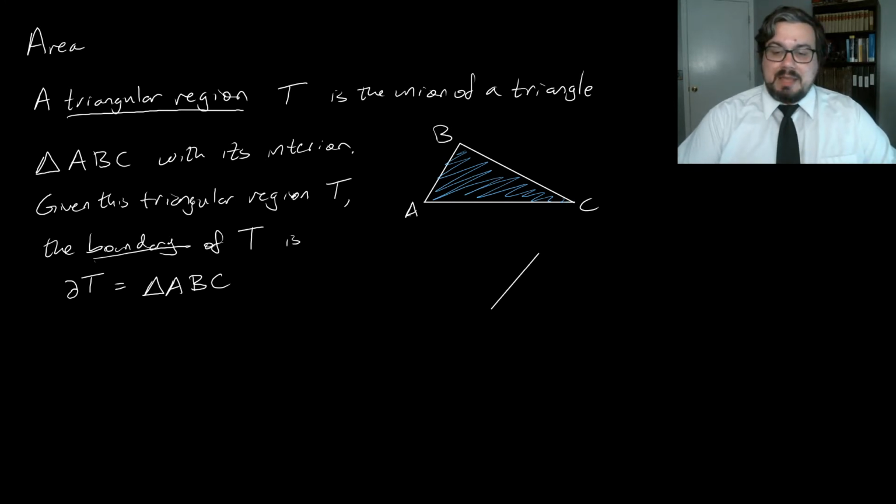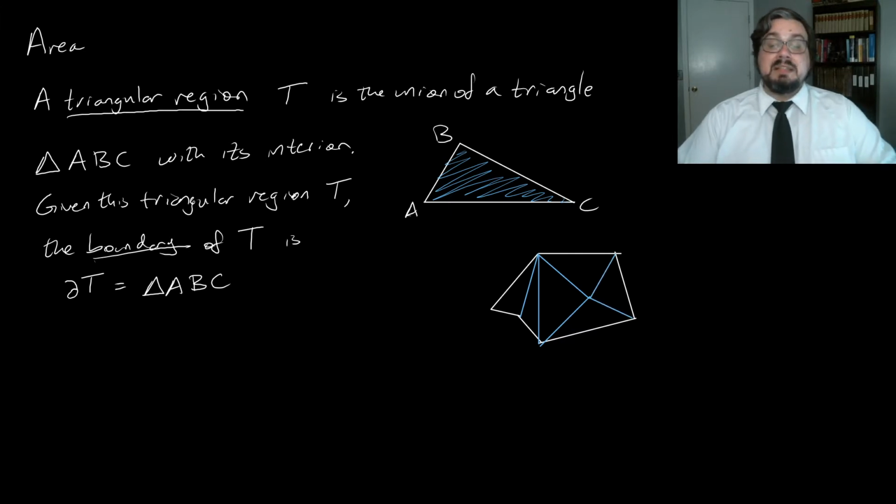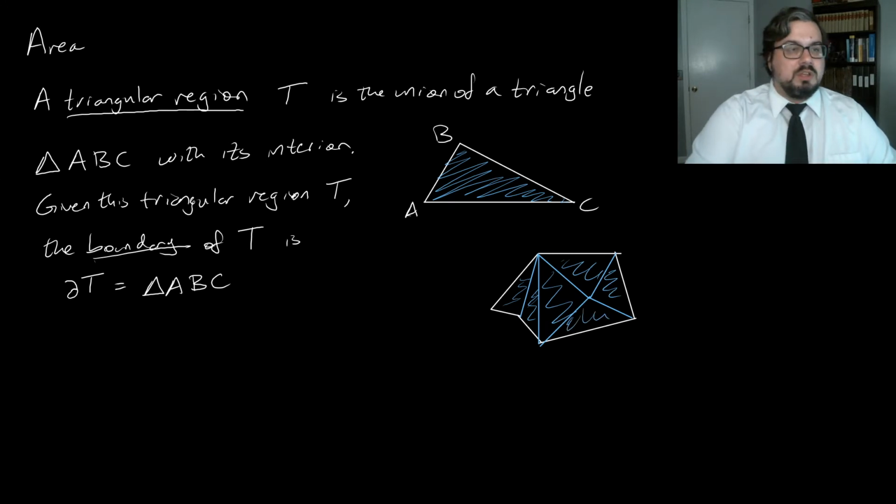The idea basically is that if we have some polygonal region like this, then we can split it up into triangles like this and see the polygonal region involved as a union of a bunch of triangular regions. We're going to use that for the next part of our definition.